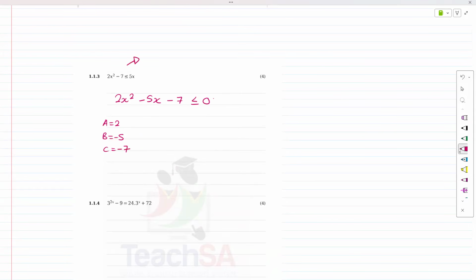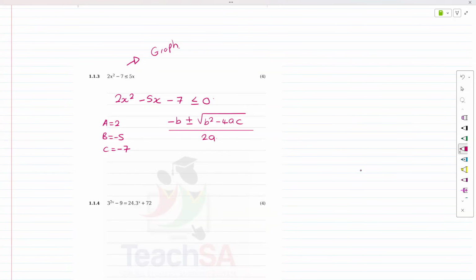Again, remember when you see the sign, it's a graph. Find the critical points. Let's just do this one. I keep skipping the minus b formula. B squared minus 4ac all over 2a.